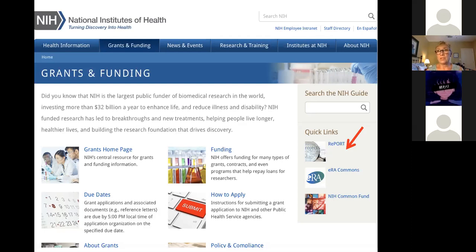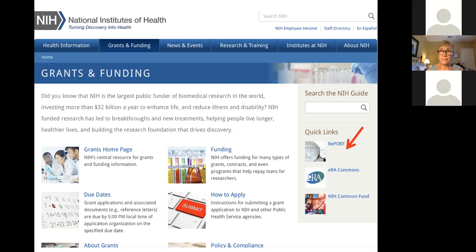You could apply for the small business grants, the SBIRs and STTRs. You can apply for any type of R research grant. You can't apply for the K, the training parts, from a nonprofit of any kind. They expect it to be at some kind of training institution like a university.